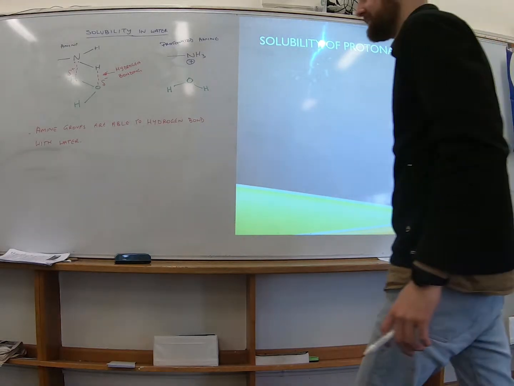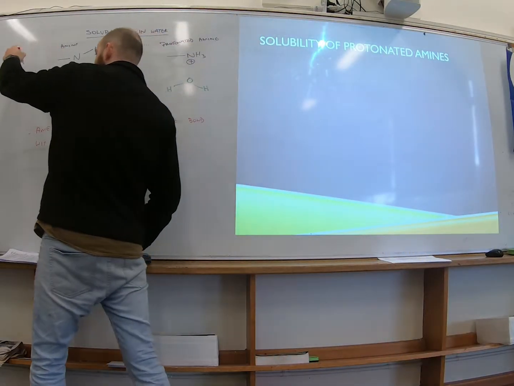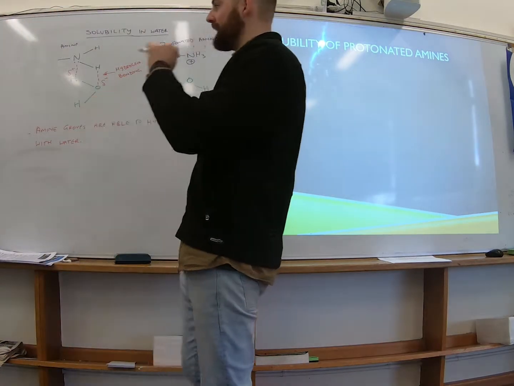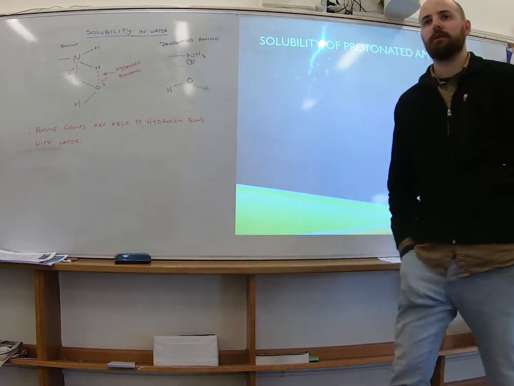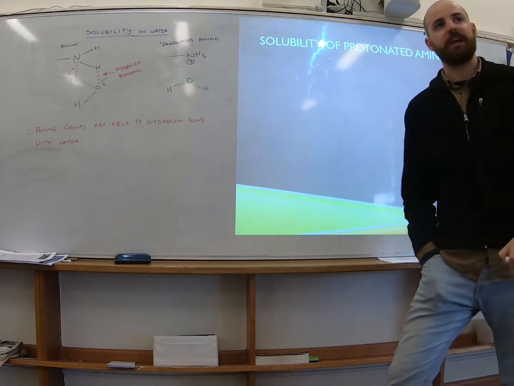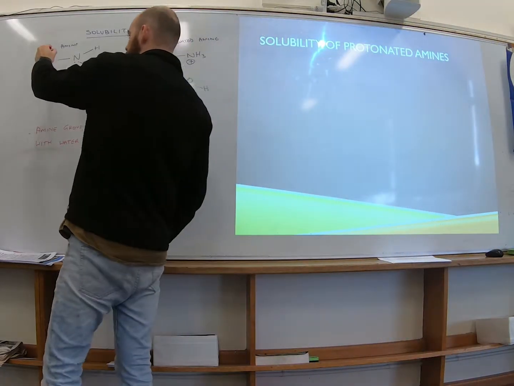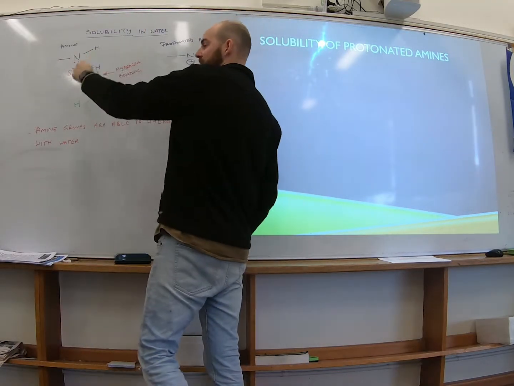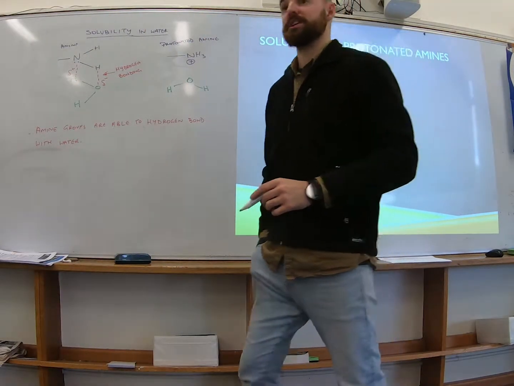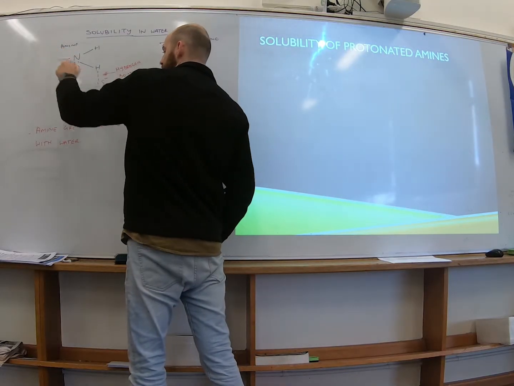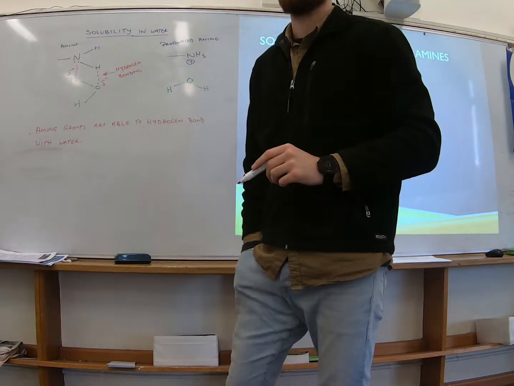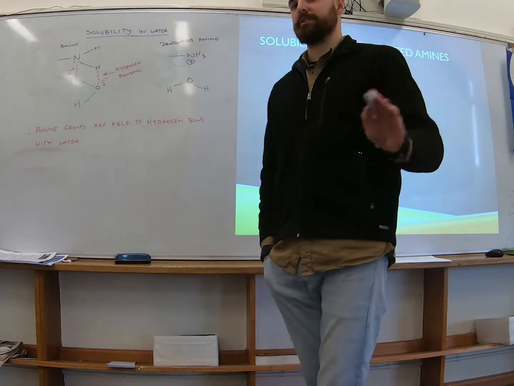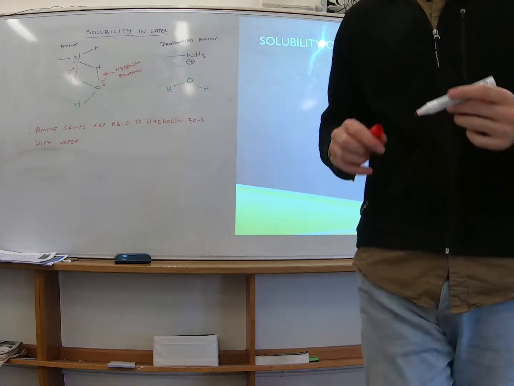What happens if we extend the carbons out? What happens to solubility when you make a molecule bigger? It becomes less and less soluble. It goes down, because all these carbons that we add on here are non-polar. So this tiny little bit of hydrogen bonding here is not going to be enough. But if it's a really small one like this, with a carbon there, then it will definitely be soluble. So I'll just write that amine groups are able to hydrogen bond with water. I'm not going to say that it makes them soluble or anything.